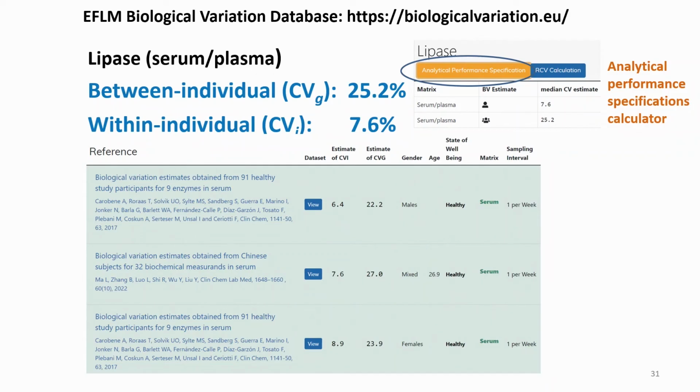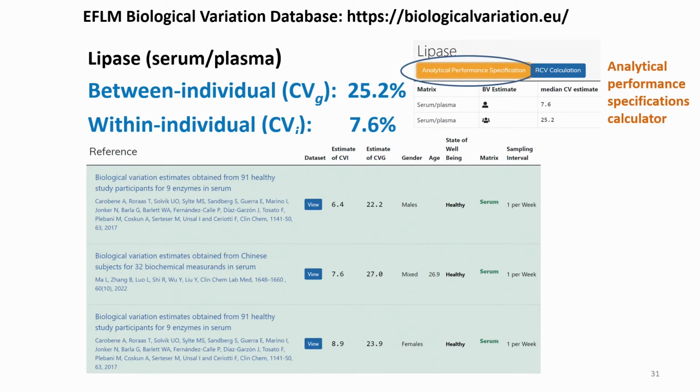Here's just an example. So this is the EFLM biological variation database. I've given you the website link at the top. What this database does is you can enter your analyte of choice. Here I've entered lipase, and the website returns biological variation studies that you can see under the reference section.